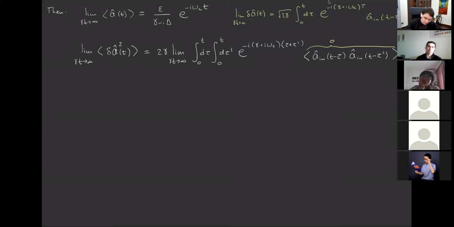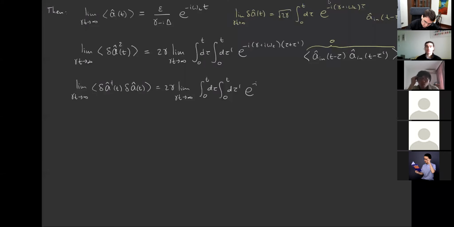Okay? Now we can do the same with A dagger A. And we get the same kind of expression, the integration in tau prime, the exponential.